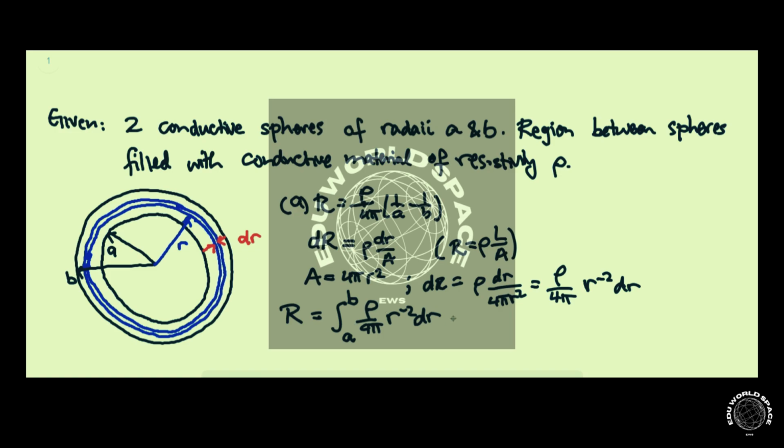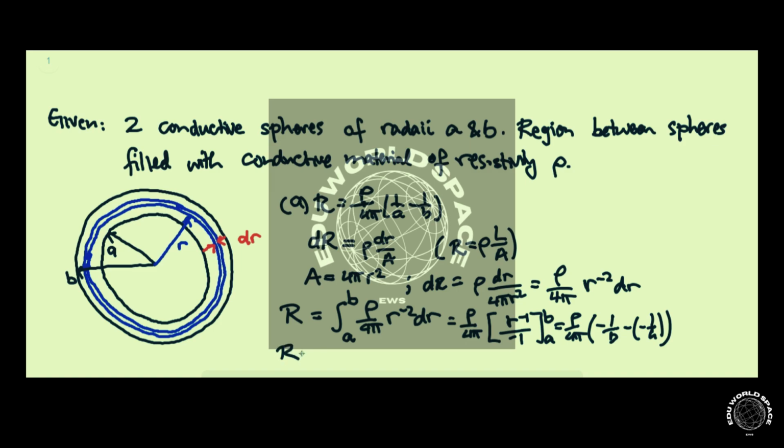Now ρ over 4π is a constant, so I can pull it out of the integration, and I'm left with integrating r to the minus 2 dr from A to B, which is nothing more than r to the minus 1 over minus 1 from A to B. That's ρ over 4π times (minus 1 over B minus minus 1 over A).